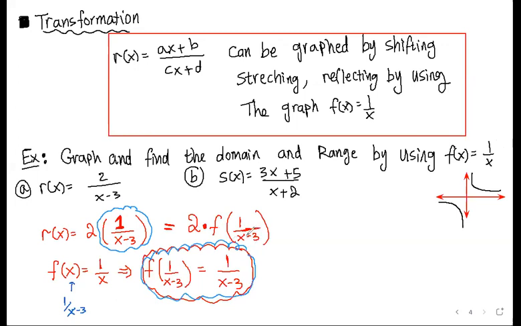For 1 over x minus 3, we shift the function 3 units to the right. And the 2 means we stretch the function vertically, because the 2 is outside the function. It makes sense?